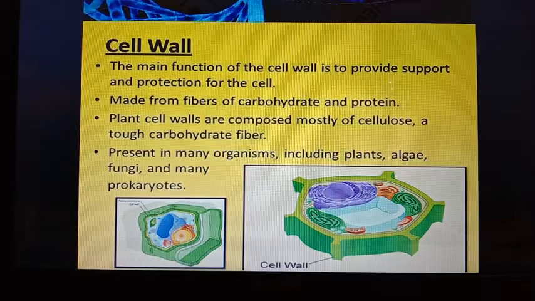Cell wall is mainly rigid, tough, non-living, and freely permeable as it permits any substance to pass through it. It is made up of complex carbohydrate known as cellulose.